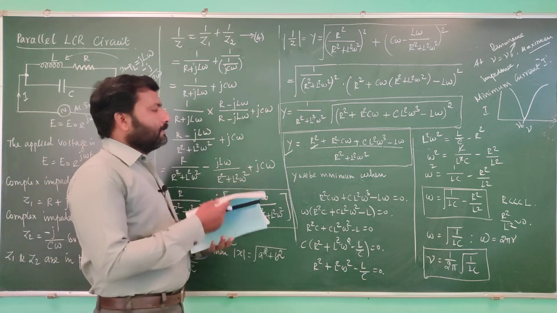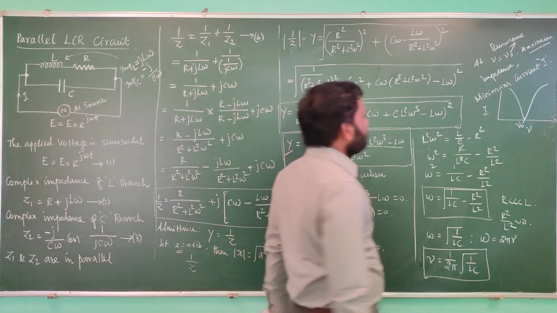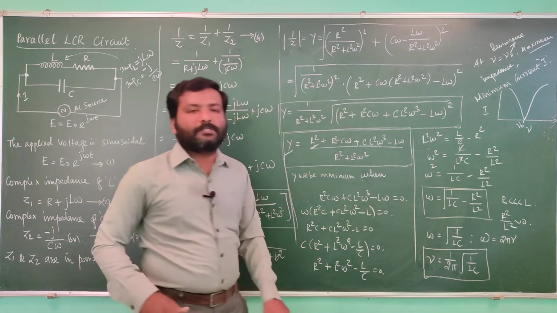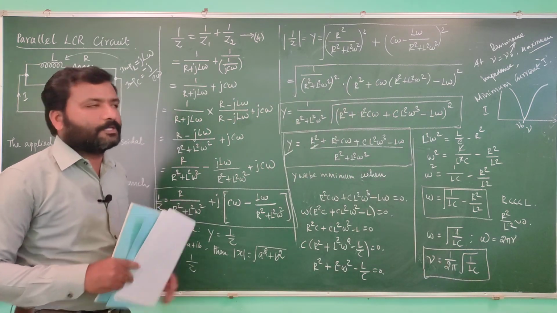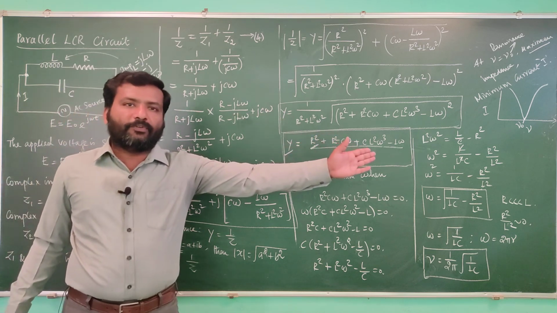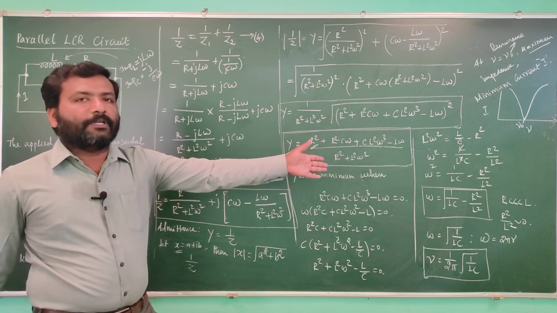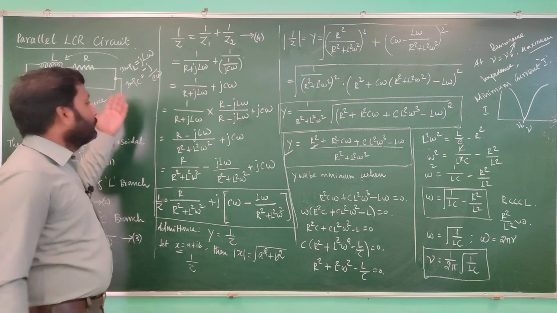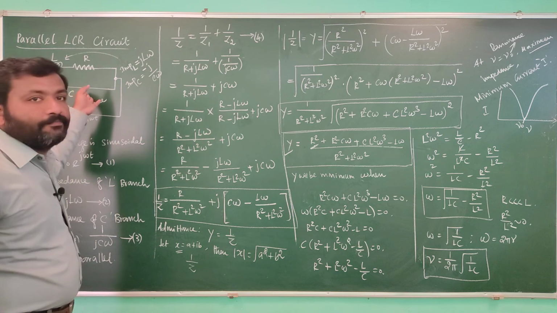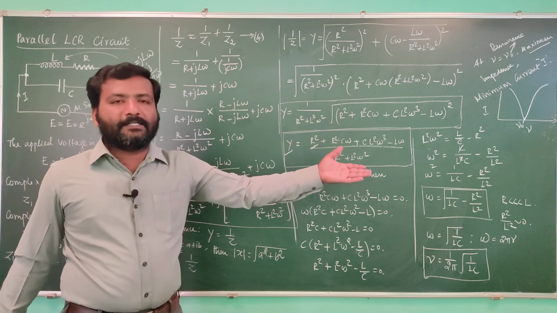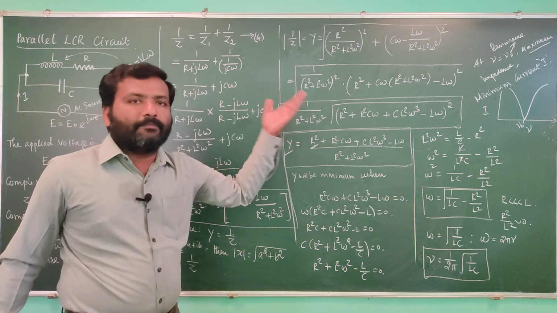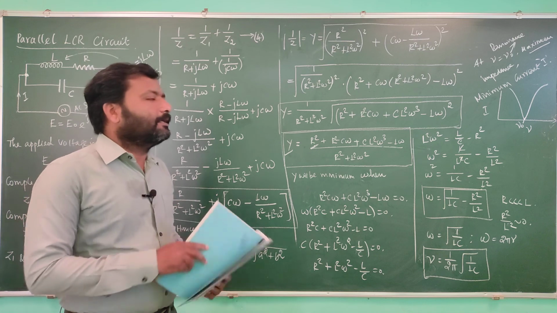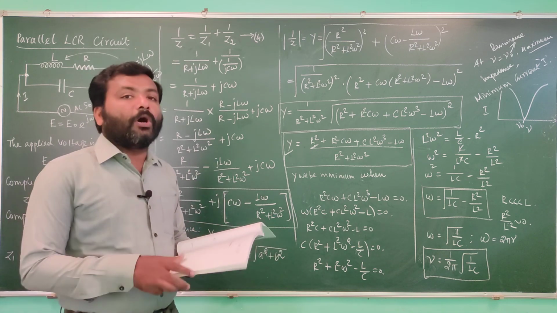Generally what it implies is that this frequency has minimum response in parallel at the resonance frequency. At nu naught, the circuit has minimum current, which means when compared with other currents, the current corresponding to the resonance frequency is filtered out. It is rejected by the circuit. That's why it is called a rejector circuit or filter circuit.